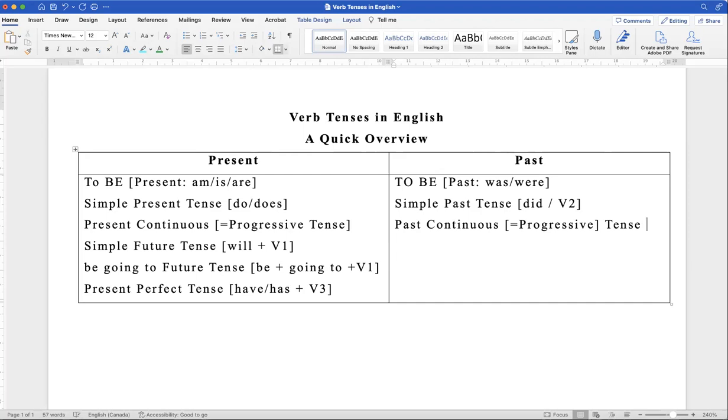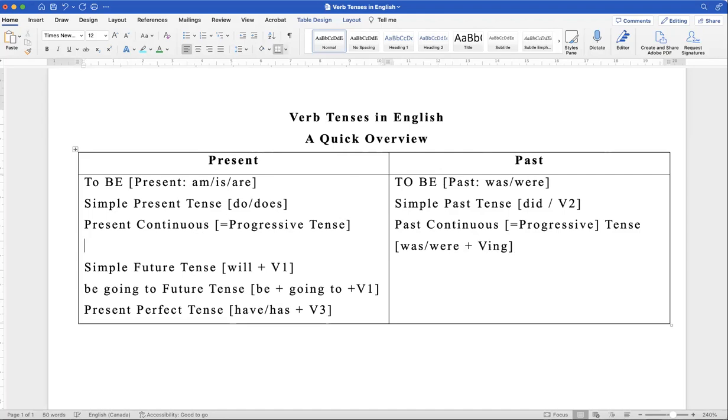So what about past continuous tense? It's was, were, plus verb ing. But present continuous is am, is, are, plus verb ing.